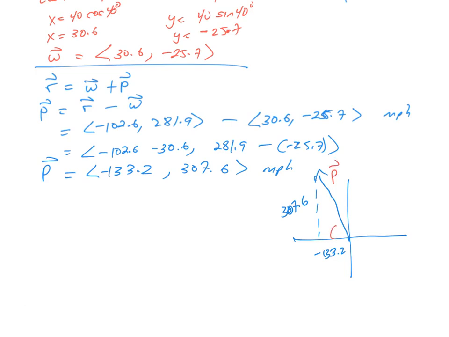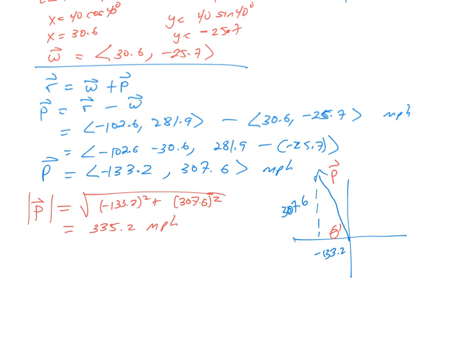And now we need to find the reference angle, I'll call that theta prime, and the magnitude of the plane vector. For the magnitude, we're going to use the Pythagorean theorem. So we'll take negative 133.2 squared plus 307.6 squared. We'll add those both up and take the square root, and entering that in the calculator we get 335.2 miles per hour.